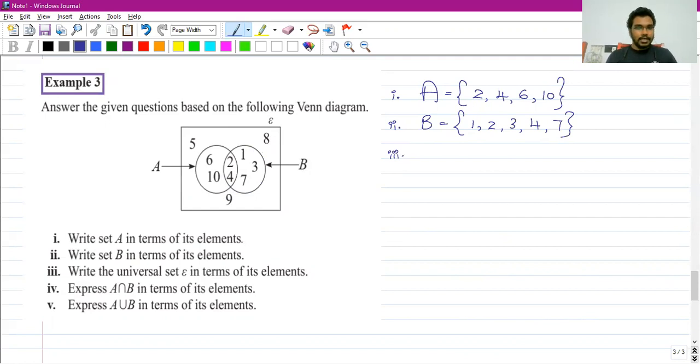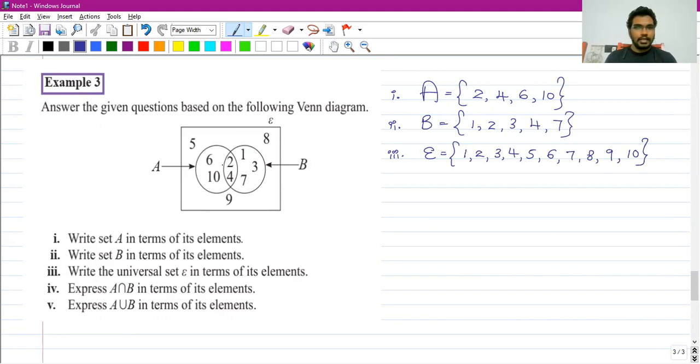Write the universal set in terms of its elements. Now we have to write the universal set. The universal set means the whole of this box, all the elements inside this rectangle. They have denoted this as the universal set. So we can write 1, 2, 3, 4, 5, 6, 7, 8, 9 and 10.